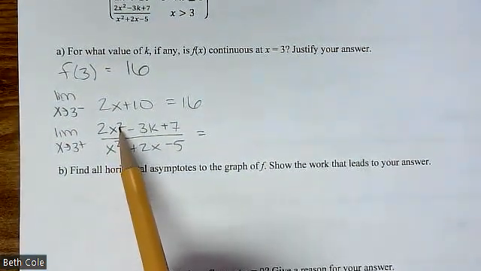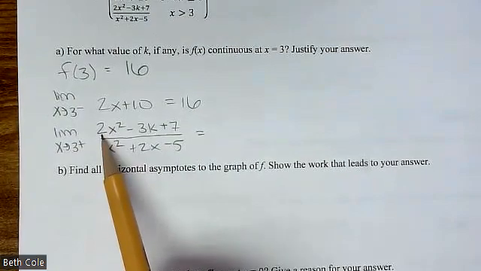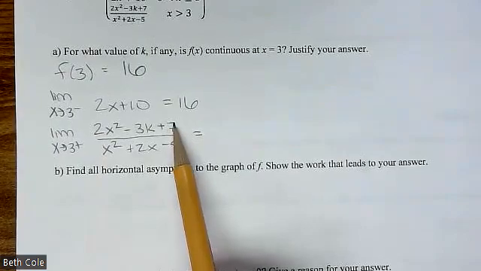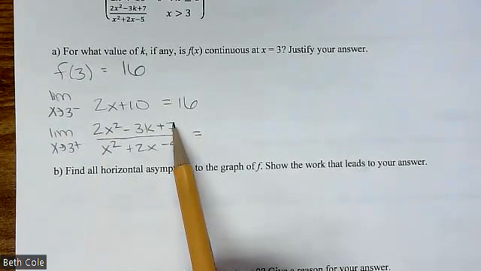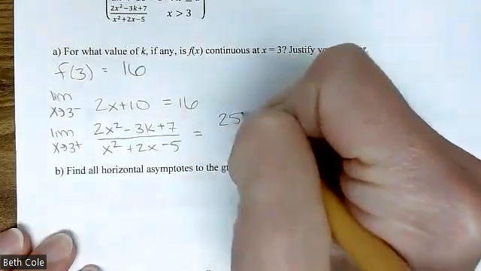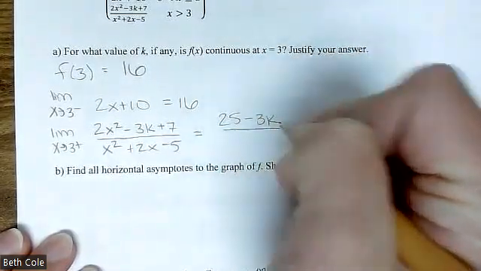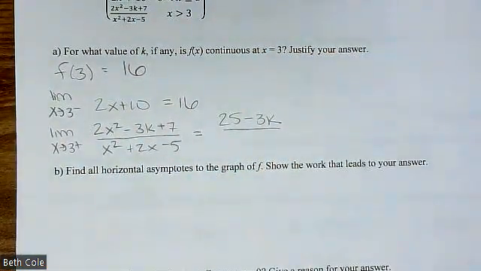3 squared, 9 times 2, 18, plus 7, 25 minus 3k. We don't know what k is. That's actually what we're trying to find. k is your goal.